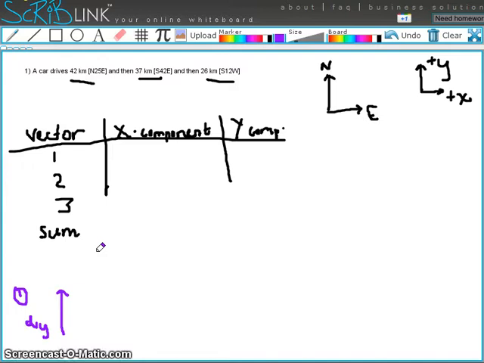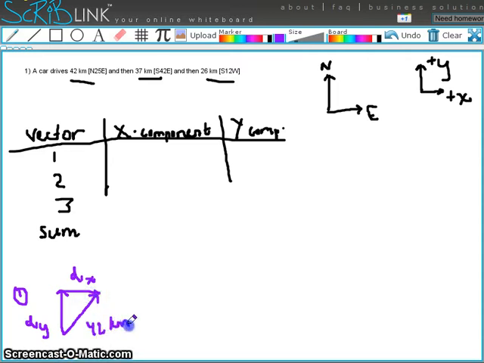So we have d1y, in which you have north, and then you have an east component, which is the x component. We can call it d1x. Obviously we know this is 42 kilometers because it's already defined in the problem.